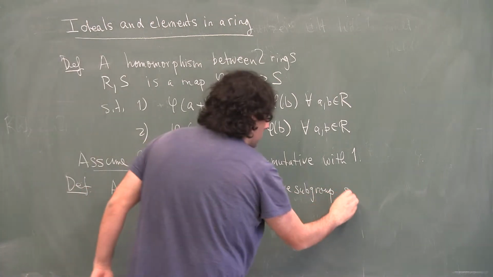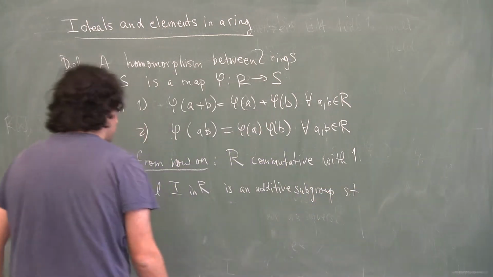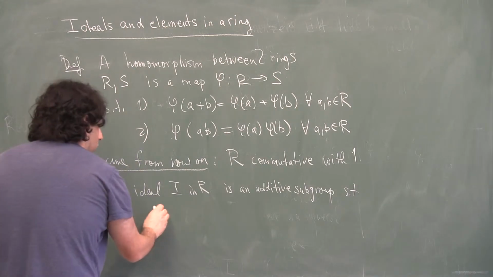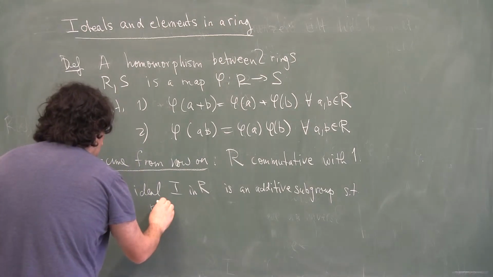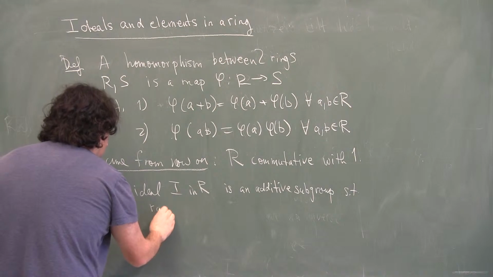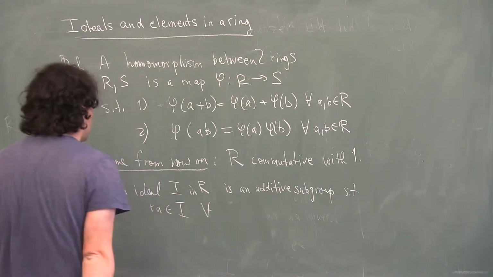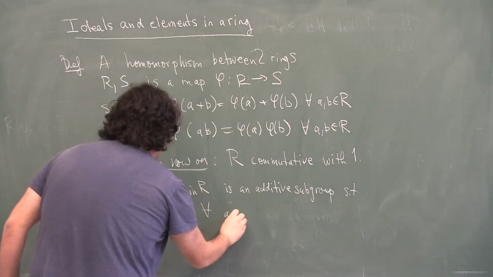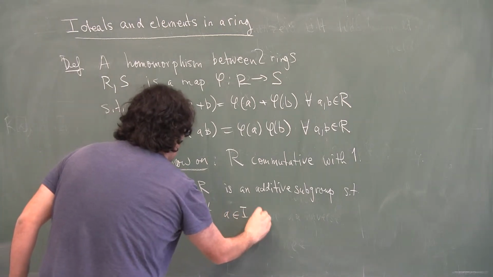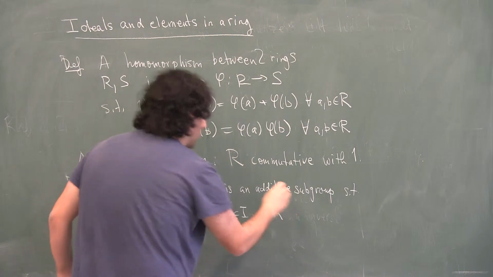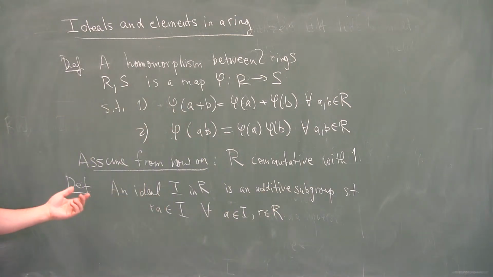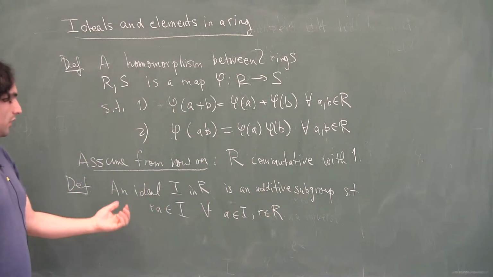And now we have to say something also about the multiplication, such that ra is in I for all a in I and r in R. So this might seem strange at first, right?